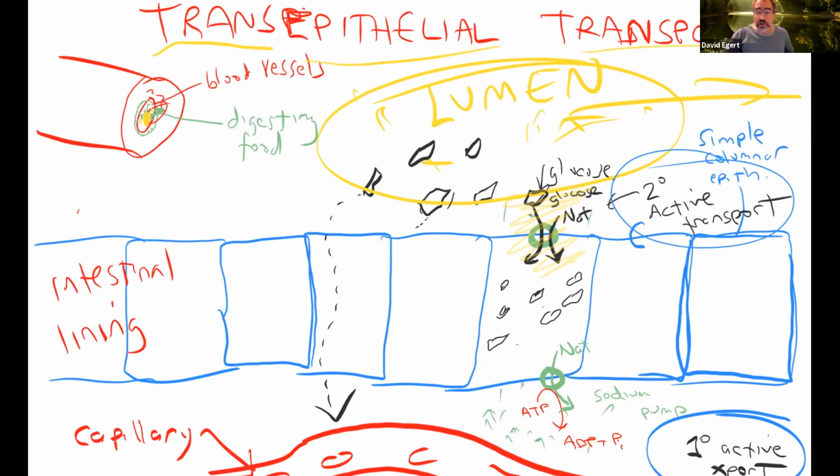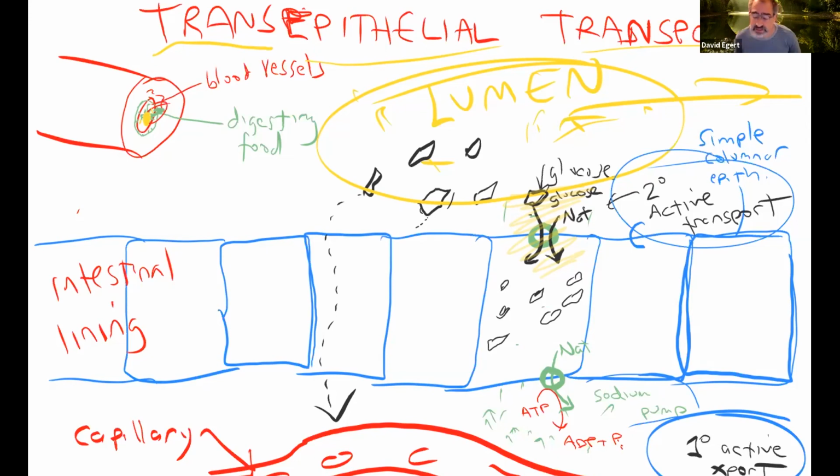But if you look at exactly where the energy is coming from to move the glucose, the energy is coming from the sodium gradient. But the sodium gradient came because of the ATP running the sodium pump here. That makes sense.